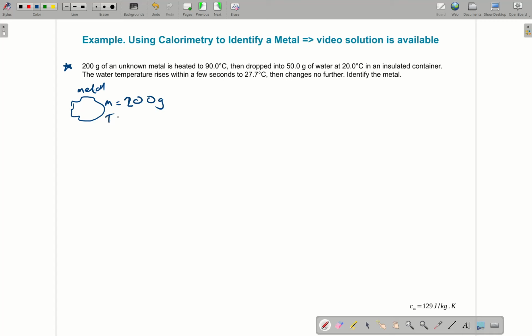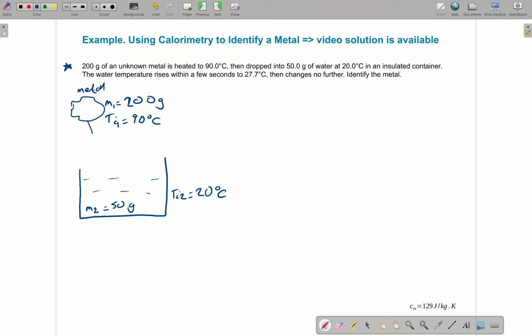And its temperature, that would be its initial one, 90 centigrade. And I have water. T final is 20, no, not 20, that's the final temperature given, 20 centigrade. The mass of water, I'm going to call these M1, M2 as well, is 50 grams.